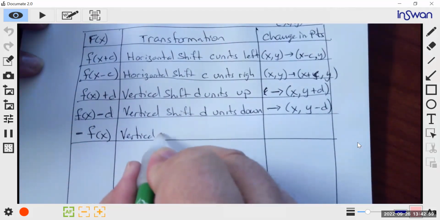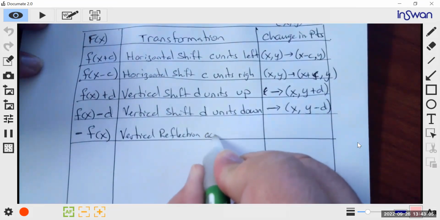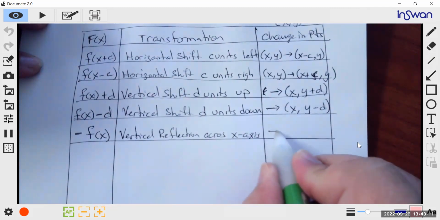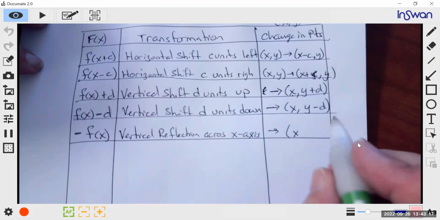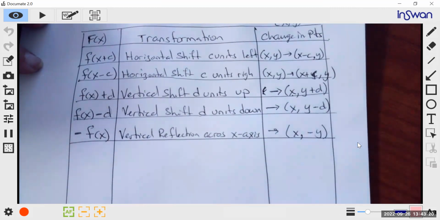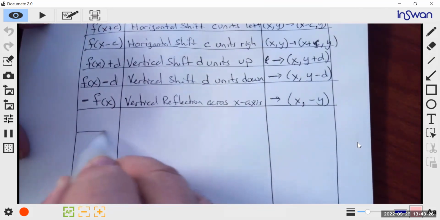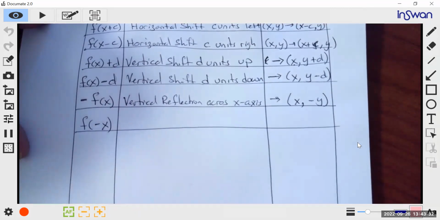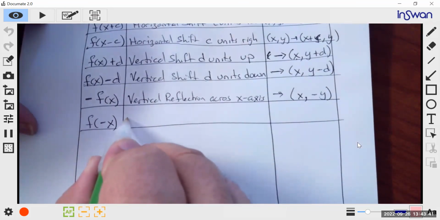It's a sign change. It's a reflection across the x-axis, since it's vertical. And all that does is change the y value from positive y to negative y. Now, if I change the sign inside the function, what happens there? Yeah, horizontal, right?